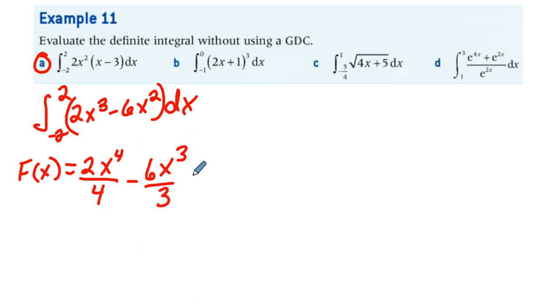And then we're going to have our constant term, and then this goes from -2 to 2. Okay, so this is what that integration looks like, just making sure that we have our notation correct.